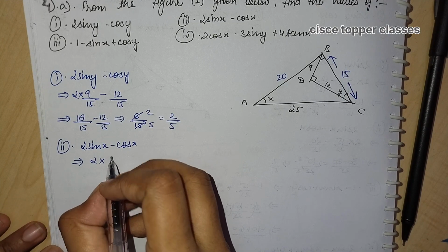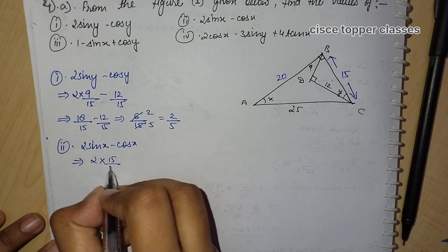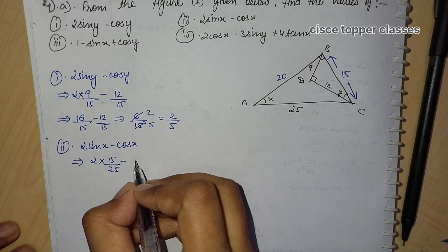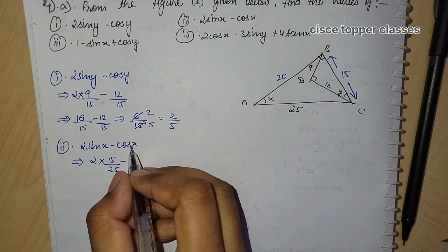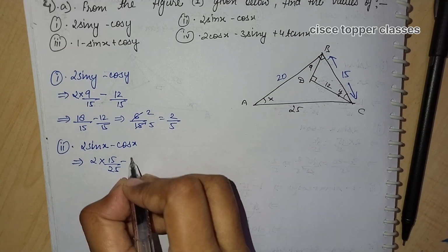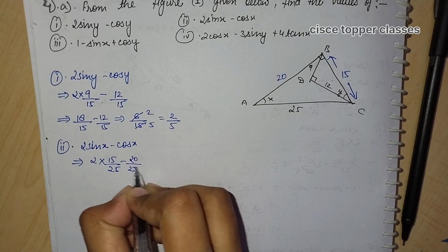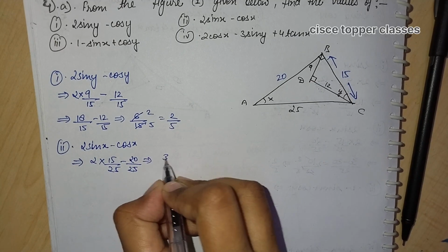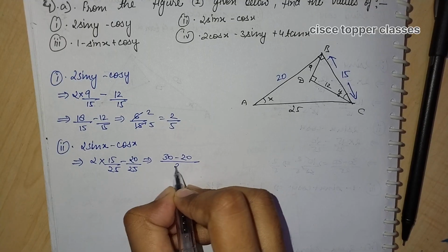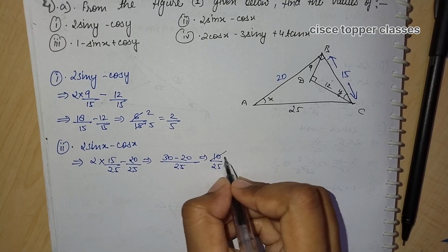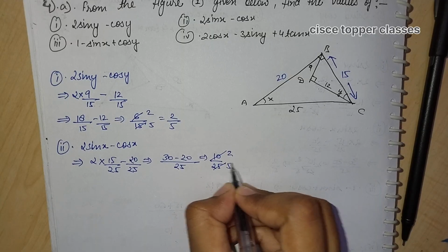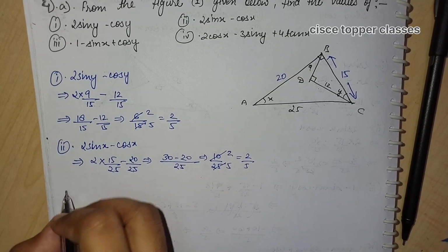So this will be 2 into 15 by 25 minus cos x. Cos x will be base by hypotenuse, it will be 20 by 25. If we solve it, this will be 30 minus 20 divided by 25, so 10 by 25. So it will be 2 by 5 in the simplest form.